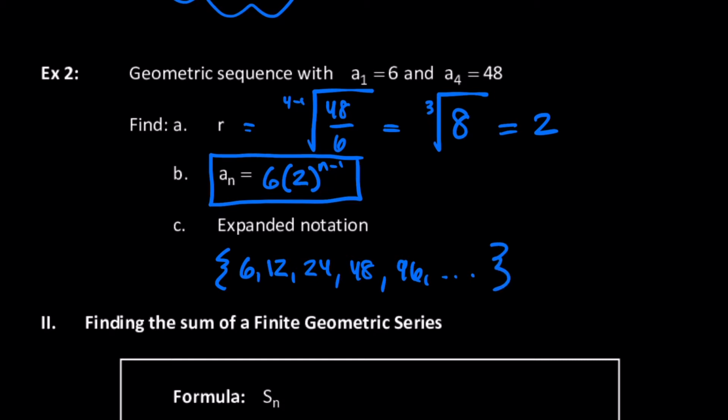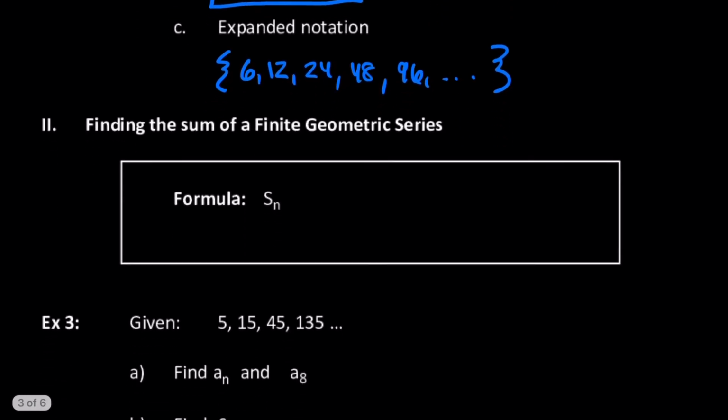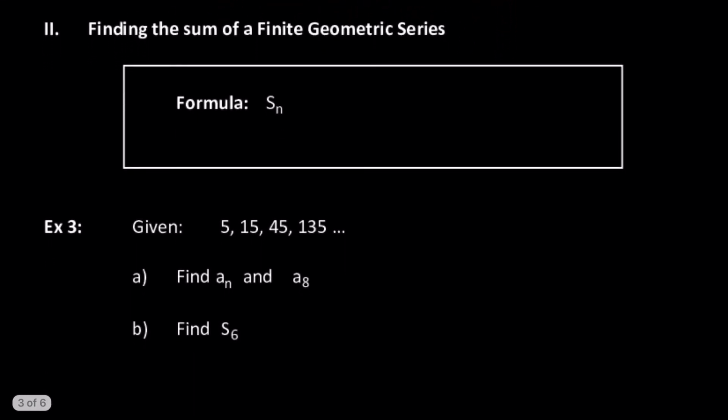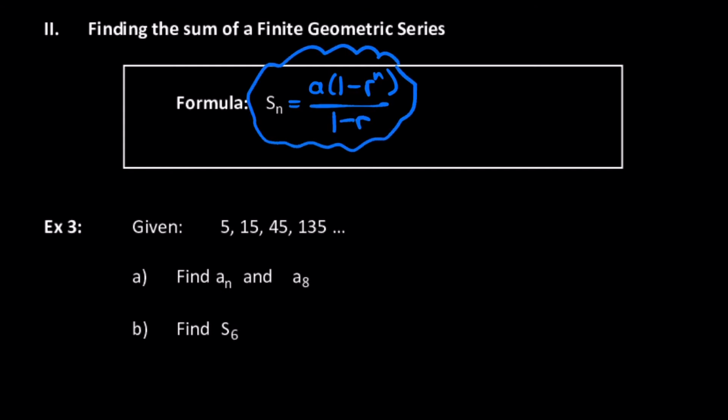Okay, so now we get to the new part of today's lesson, the formula for a finite geometric series. Unfortunately, I don't have time to derive this formula, so I'm just going to give you the formula here. It's a sub 1 times 1 minus r to the n over 1 minus r. Now, there's other versions you might see. I'll list them here, but this is the version that I prefer. I think it's the easiest to work with.